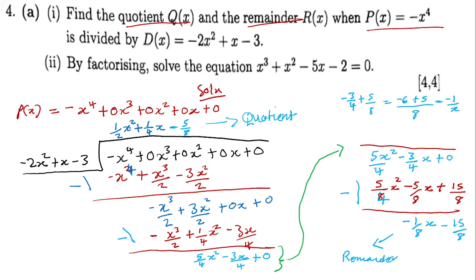Then the other thing, which is the remainder, is what was left here, which is negative 1 over 8x minus 15 over 8. So this is also my remainder and final answer.